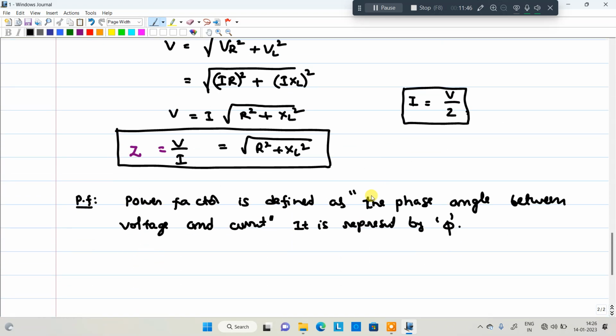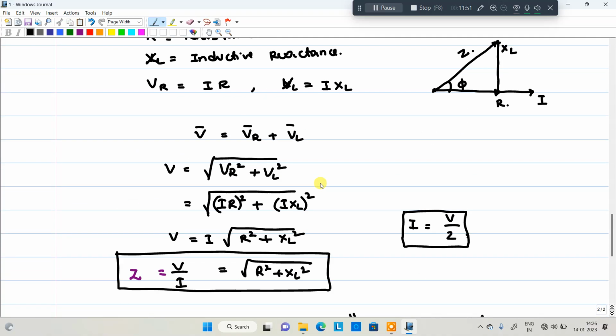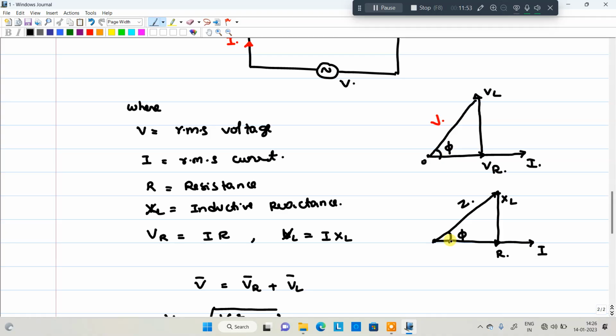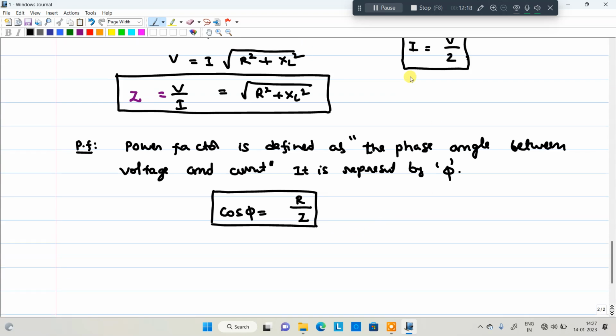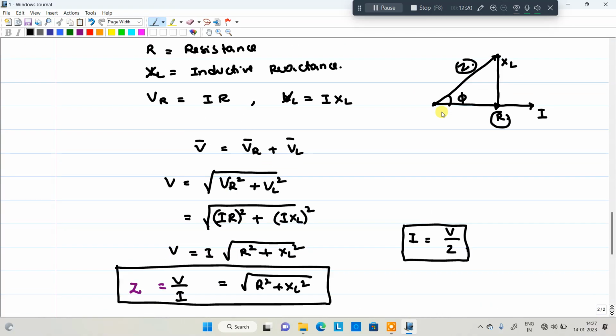So from that, power factor cos phi is equal to, just look here, this is cos phi. Cos is nothing but adjacent divided by hypotenuse, right? You know the formula from trigonometry. So cos phi is equal to adjacent, that is R, by hypotenuse, that is Z. This is one of the important formulas to find the power factor. Clear? Sometimes tan phi can be used, but it is not the power factor.